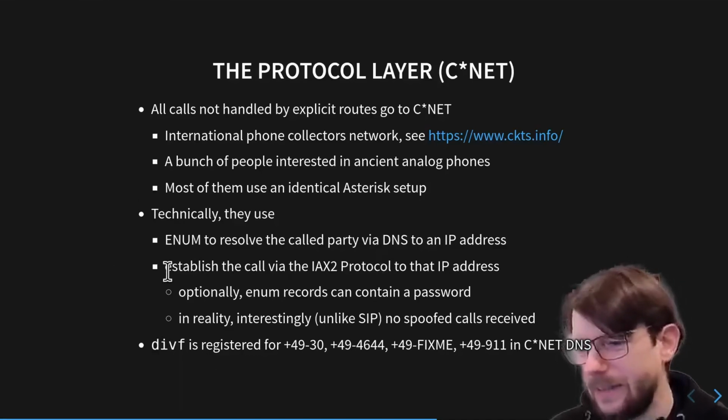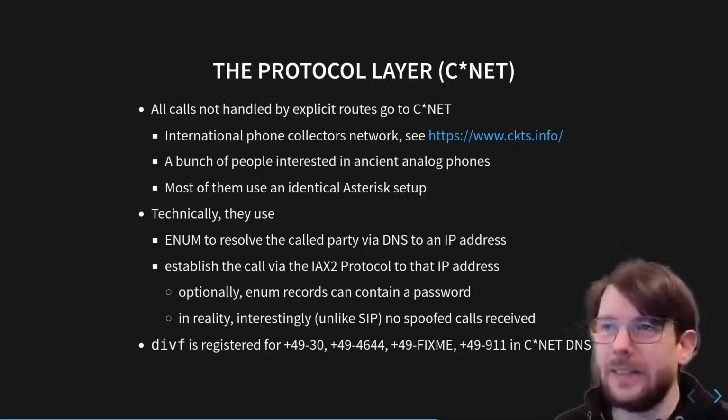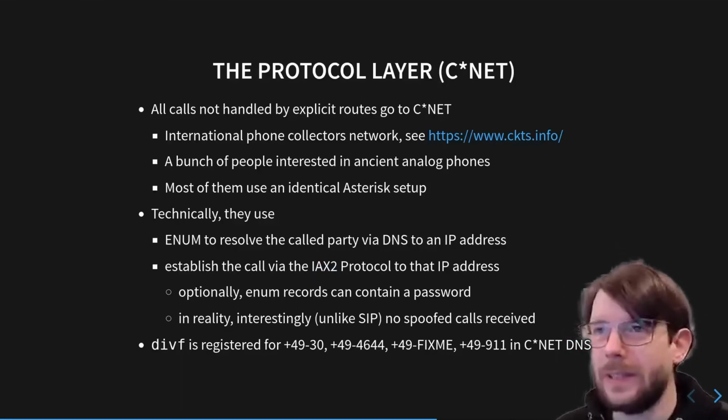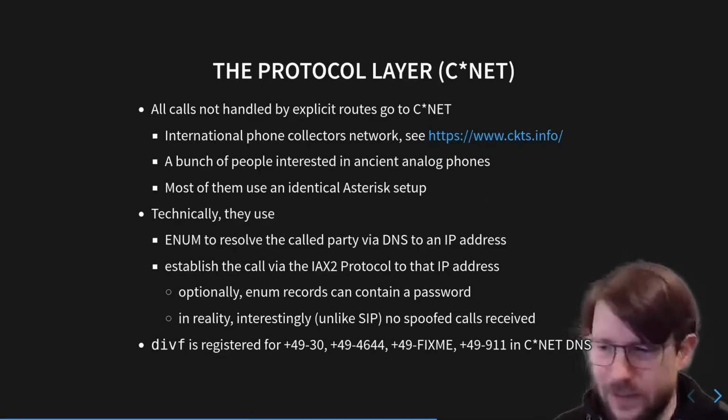And then the actual call is established using the IAX2 protocol, which is an originally Asterisk-specific protocol, but it's also implemented by Yate and others, to get the call transported over to us. And the same way also works the other way around.